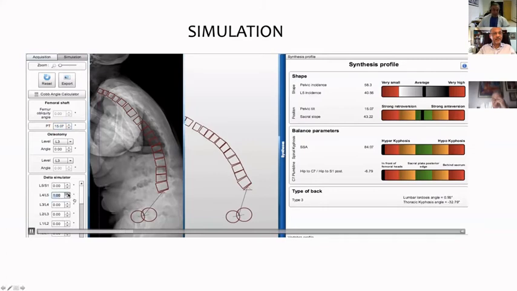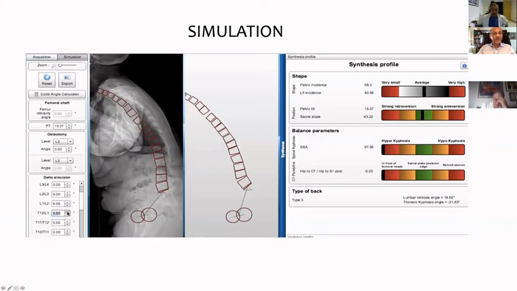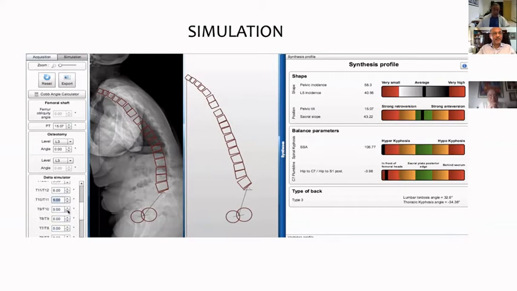So we start getting virtually the corrective measures by doing Smith-Petersen osteotomies on all the levels. And we assume that a Smith-Petersen osteotomy will give you between 6 to 10 degrees of correction. So we simulate, it's just a simulation, Smith-Petersen osteotomy at all the lumbar levels till the thoracolumbar area.